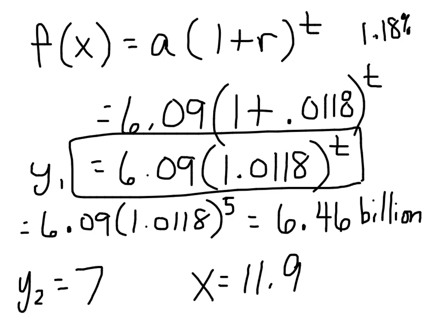Here's the bad part. This question said, in what year did the population hit 7 million, not how many years. So if I put 11.9 or roughly 12, that's really good that you found that, but you didn't answer the question. Part A might say 12, Part B might say 2012.